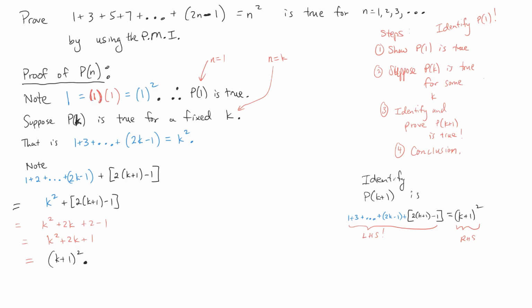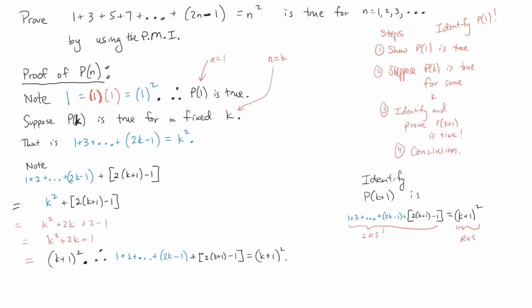What did you just show? Therefore, 1 plus 3 plus dot dot dot plus 2k minus 1 plus bracket 2 times k plus 1 minus 1 bracket is in fact equal to the quantity k plus 1 squared.